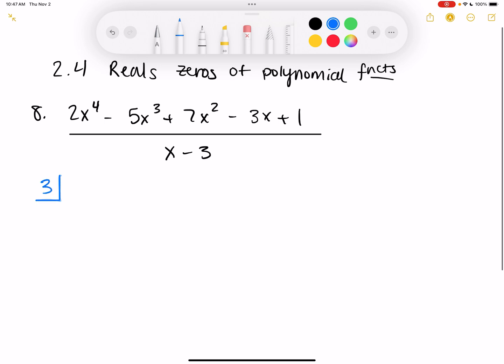So we draw a little box and we put that number in it. Then we copy down all the numbers in order. If a term is missing, remember we have to put a 0 or your answer will end up being wrong. That's the most common mistake with synthetic division. So this is going to be 2, negative 5, 7, negative 3, and 1.